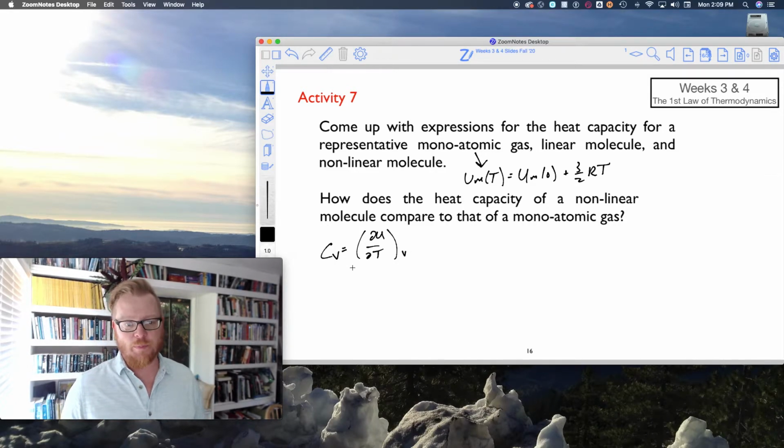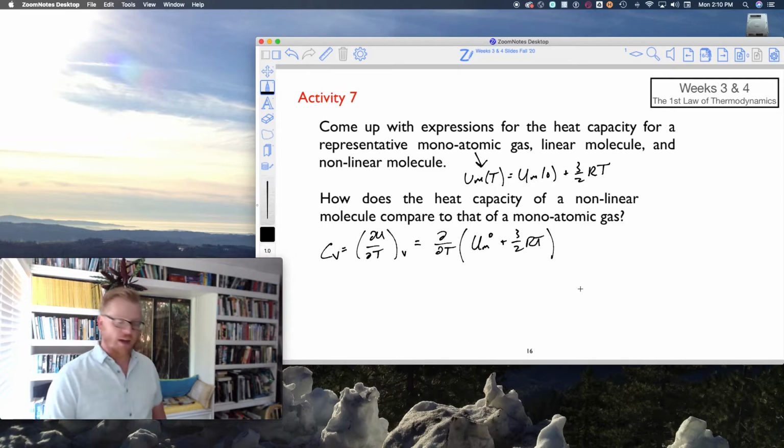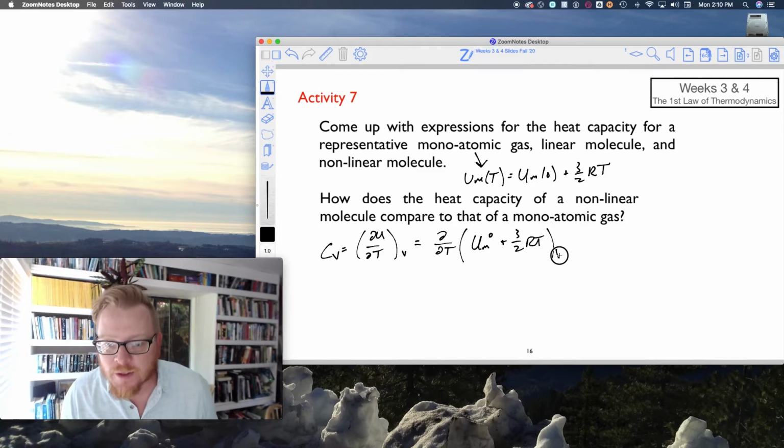Well, recall, with partials, I can say now, partial with respect to T, and I'm going to supply my equation for U, which is UM0 plus 3/2 RT, all at constant V.